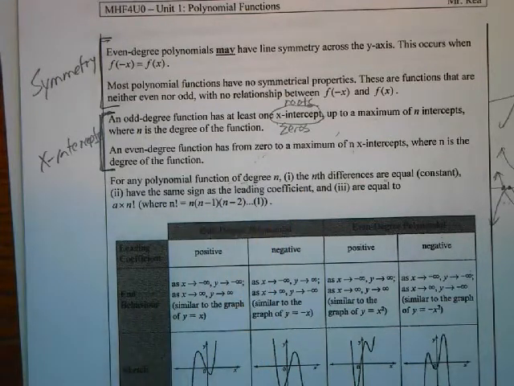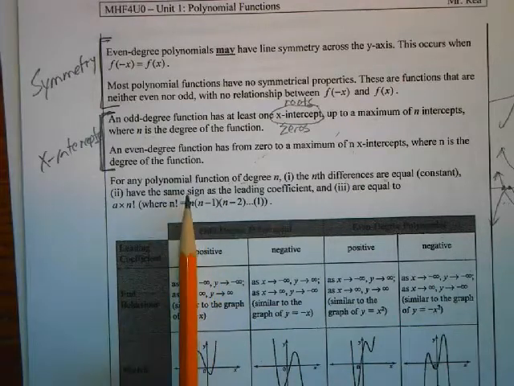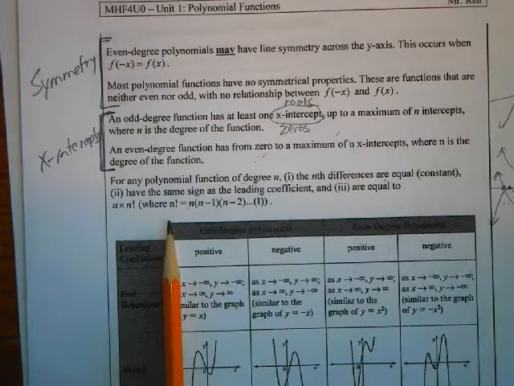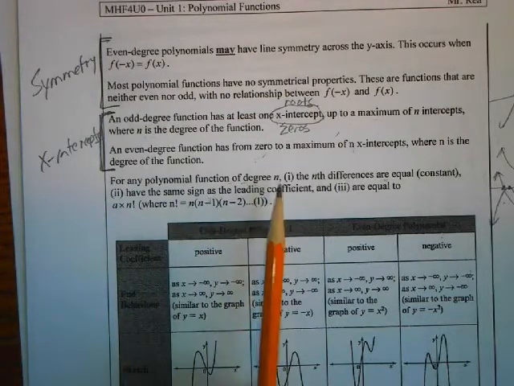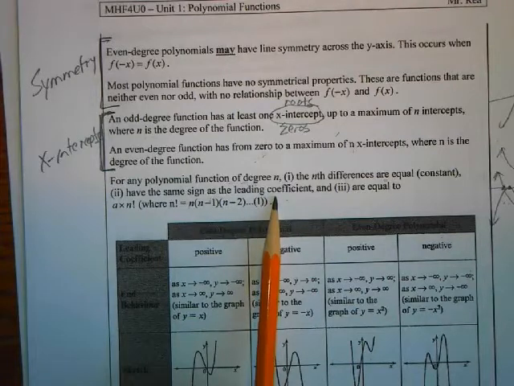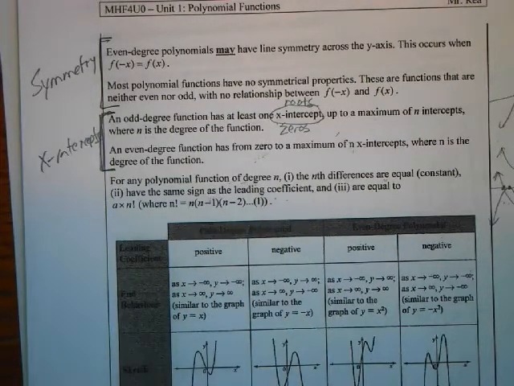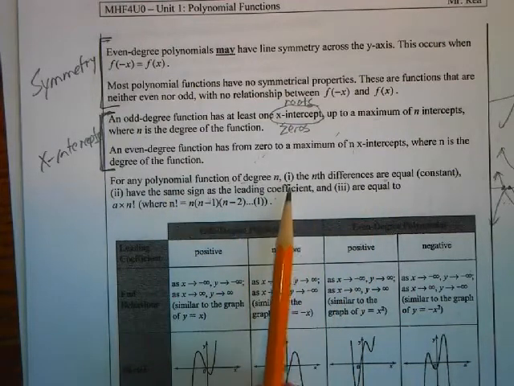So you knew that from grade 9. Then in grade 10, we looked at quadratics. So if we looked at the table of values and the first differences were not constant, you took the second differences, and if they were constant, you knew that that relation or function was quadratic. Okay, now we're going to extend that because now we're looking at polynomials of degree 3 or higher.